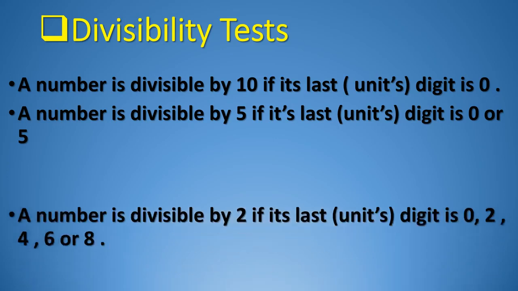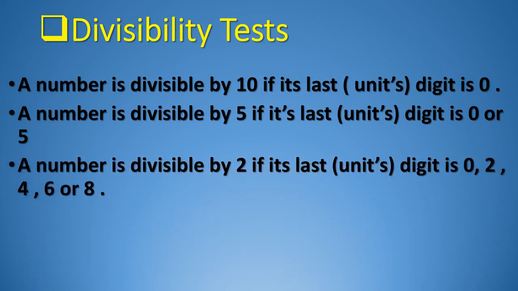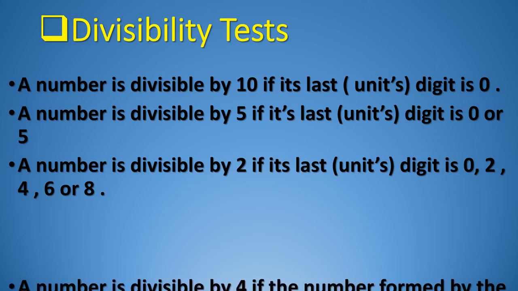Now see 2. A number is divisible by 2 if its last digit is 0, 2, 4, 6 or 8. Or we can say that if the last digit is divisible by 2, then the complete number is also divisible by 2. Divisibility of 4.